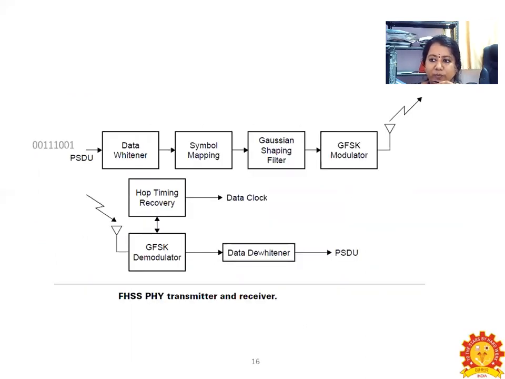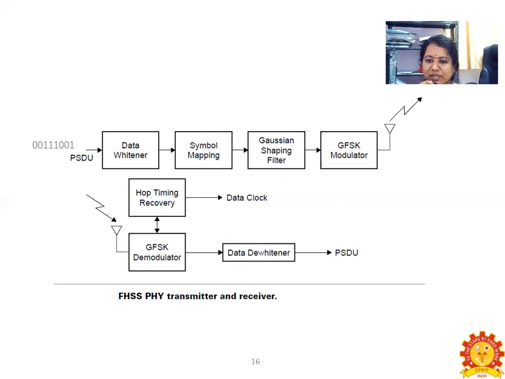And this is the frequency of this spectrum, physical transmitter and receiver block diagram. Here we give an input, that is PSDU, as 00111001 to the data whitener. From the data whitener, it goes to the symbol mapping. From there, we get a Gaussian shaping filter. At last, we get the output of the Gaussian frequency shift keying modulator.